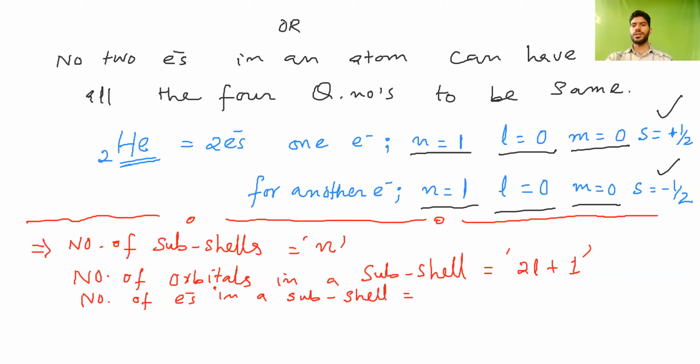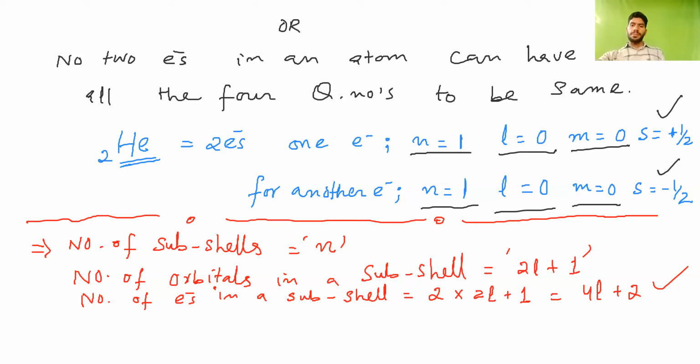In a particular orbital, 2 electrons can be accommodated. So you will multiply this 2 with 2l plus 1, right? So the formula will become 4l plus 2. Got it? So this is how to calculate the number of electrons in a particular subshell.